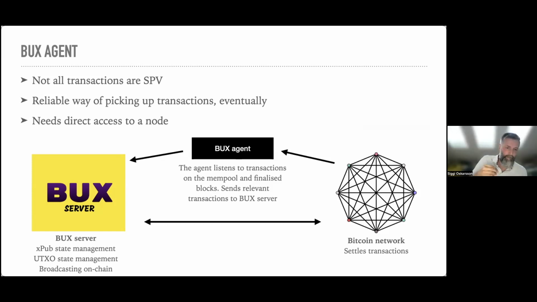So we are listening to the mempool with the agent. So the agent lives next to a node, preferably in the same data center, very, very close to the node. It is listening to the mempool. So any transaction that was sent will hopefully get picked up, but it's also crawling the blocks. So it will know what block it has already processed, and it will process the blocks after that.